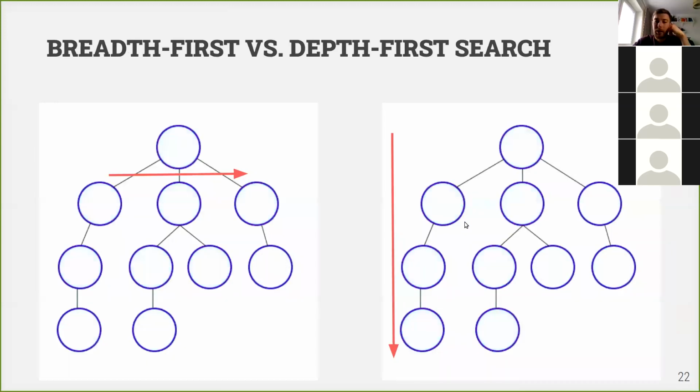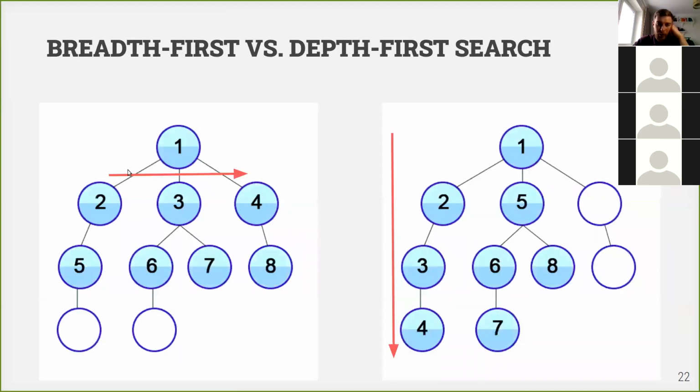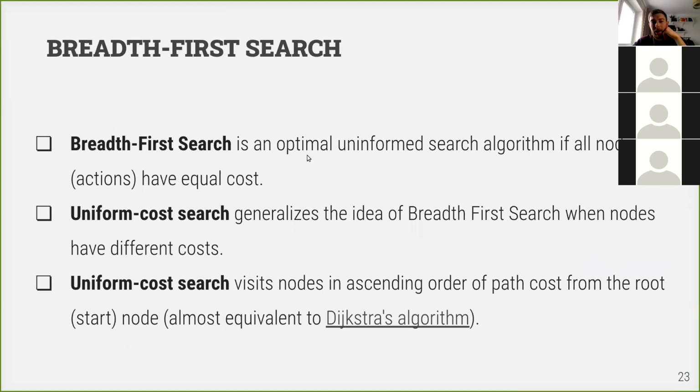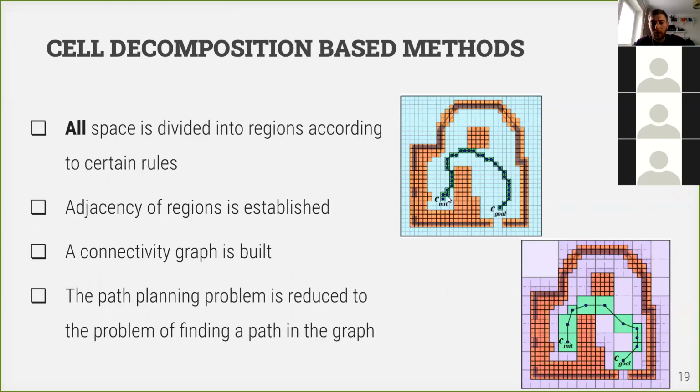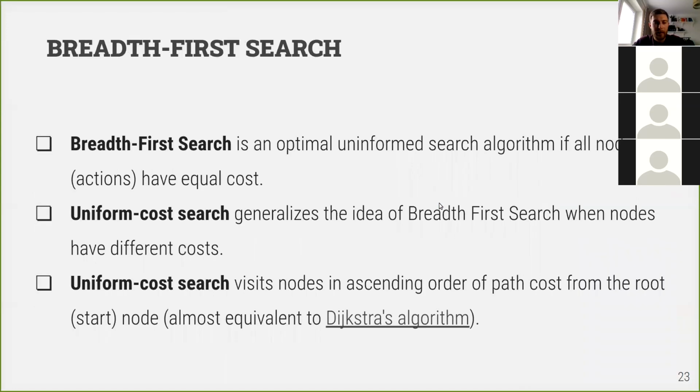I hope it is clear. And it is known that breadth first search is actually the optimal uninformed search algorithm if all nodes or actions have equal cost. So if we know nothing, if we don't have additional heuristics, we can perform breadth first search, and it will give us an optimal path.